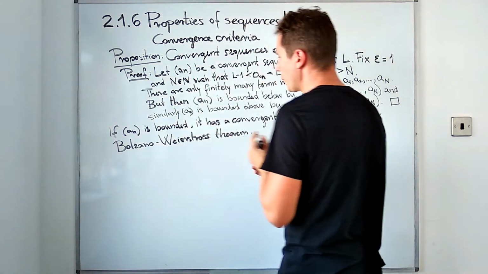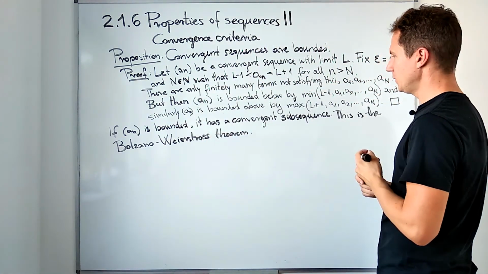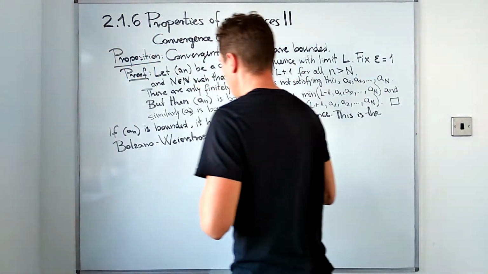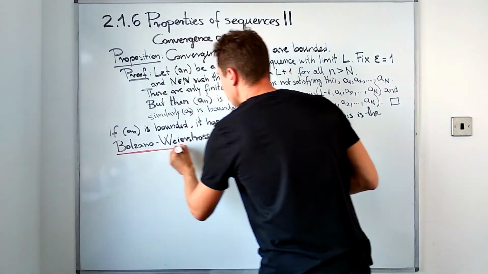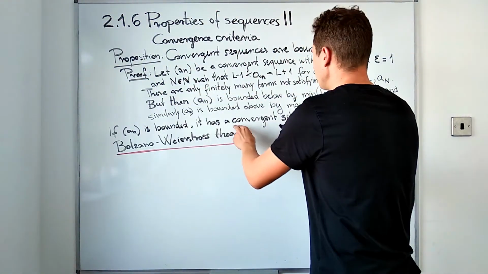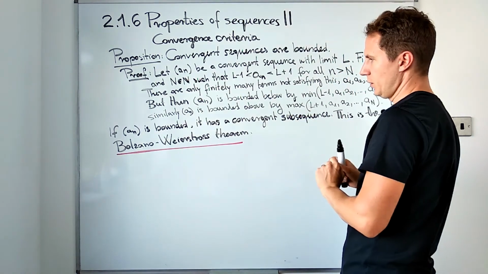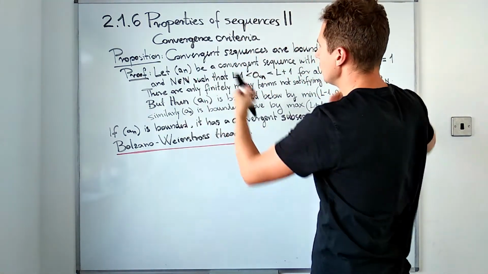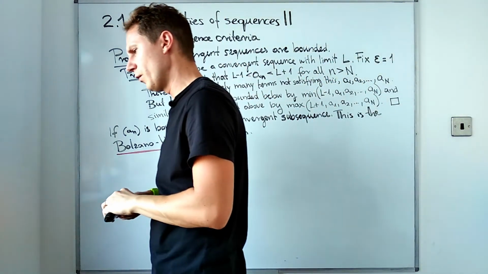Okay, we are not going to prove this theorem, it's a bit beyond the scope of our module, but you should know that even though boundedness won't imply convergence, it will imply that there will be a subsequence which is convergent. Okay, so now we roughly understand the relationship between boundedness and convergence.